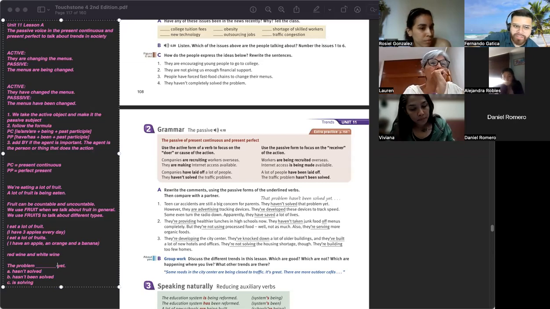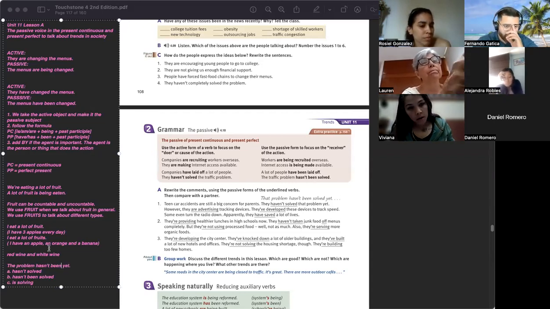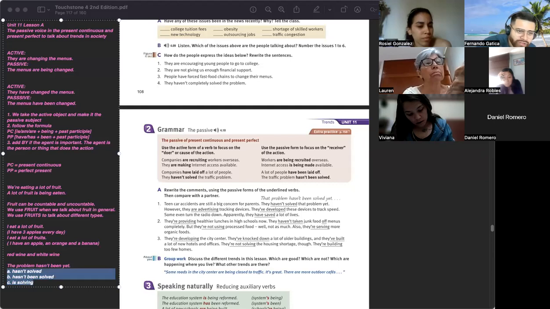What is the correct answer? Letter B, hasn't been solved. All of the structures are correct, but only one makes sense.